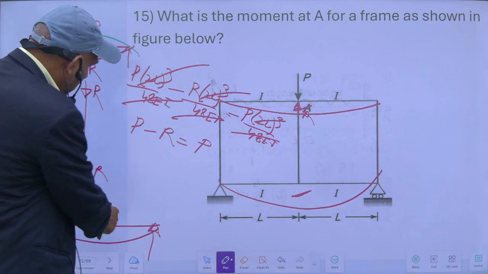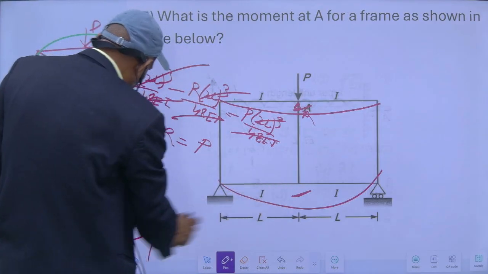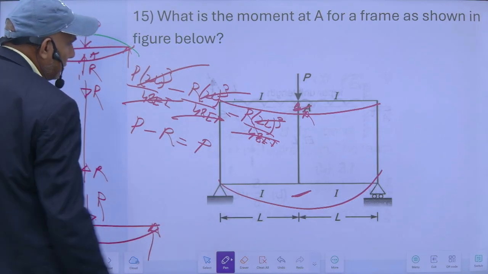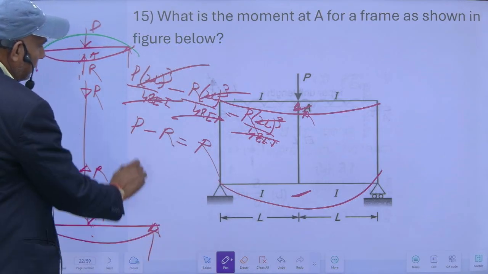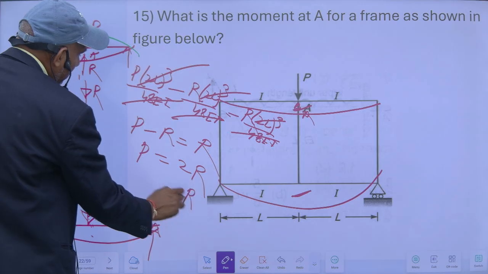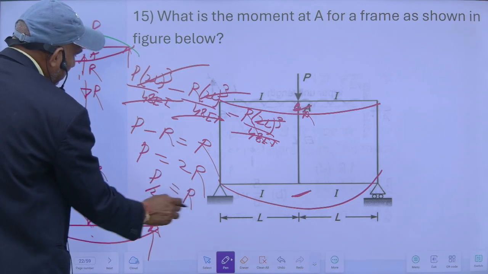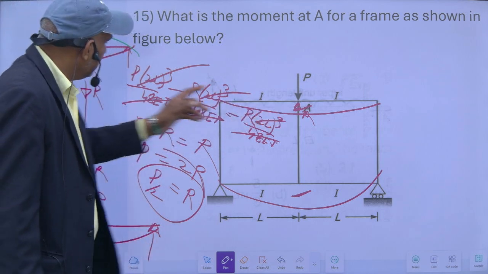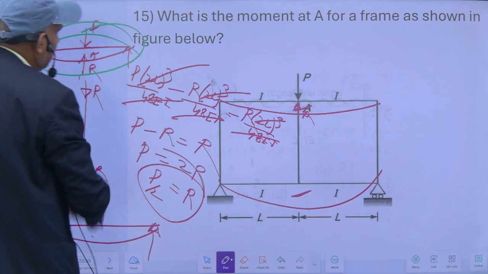Oh, this is R basically. It is R. So P is equal to 2R, which means R is equal to P by 2. It means for this portion, this diagram will be like this.